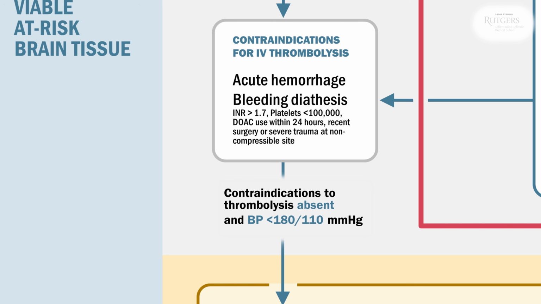And bleeding predisposition is defined by anticoagulant use, warfarin with INR of greater than 1.7, or direct oral anticoagulant use within the last 24 to 48 hours, platelet count of less than 100,000, which is especially important in patients with platelet disorders, malignancy, or patients receiving chemotherapy, and recent surgery or severe trauma at an uncompressible site.